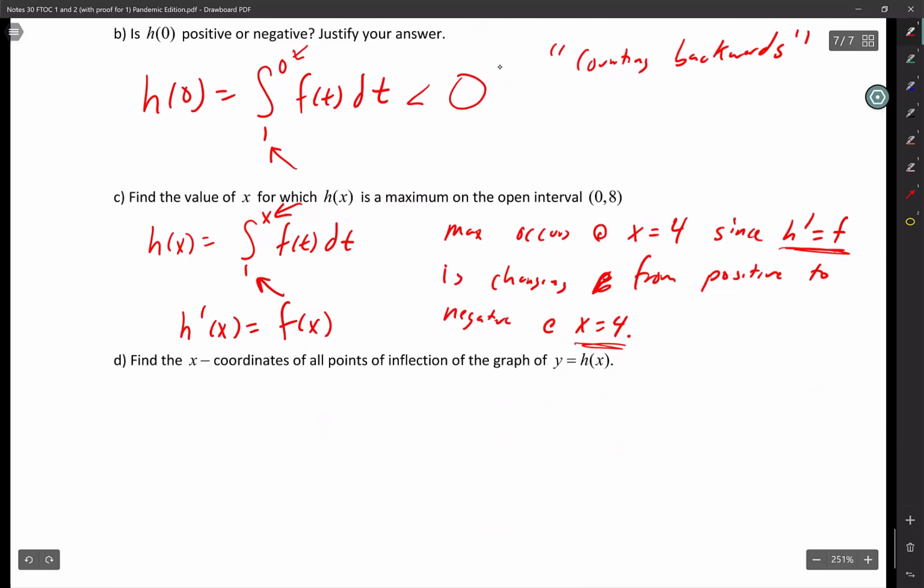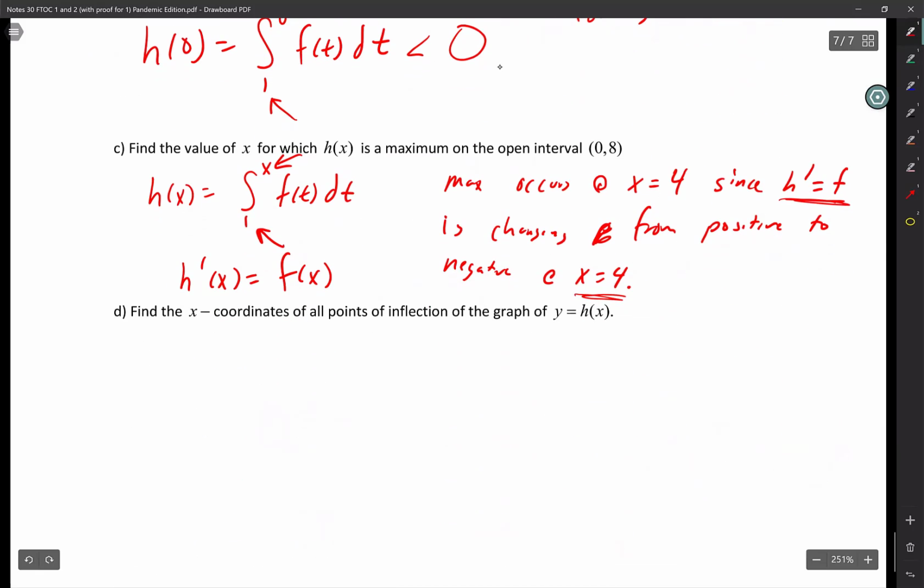Okay. Letter D. Find the x coordinates of all points of inflection on the graph of y equals h of x. Well, same thing, guys. Where do I have a point of inflection? Give me the definition first. Someone besides Godinez.